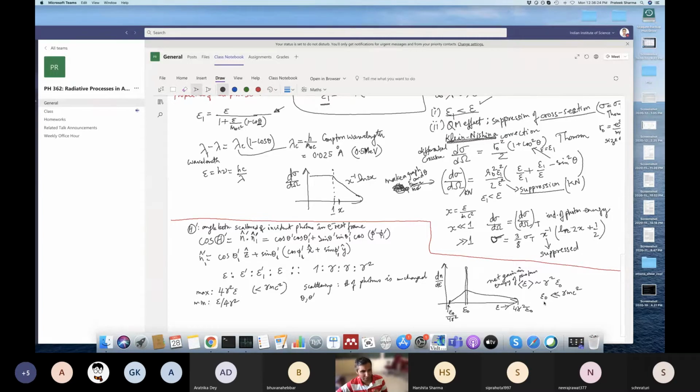So this is the inverse Compton scattering. Okay, so there were certain assumptions that we had made. For example, we said that in the electron rest frame, scattering is elastic, that is, in the Thomson regime.